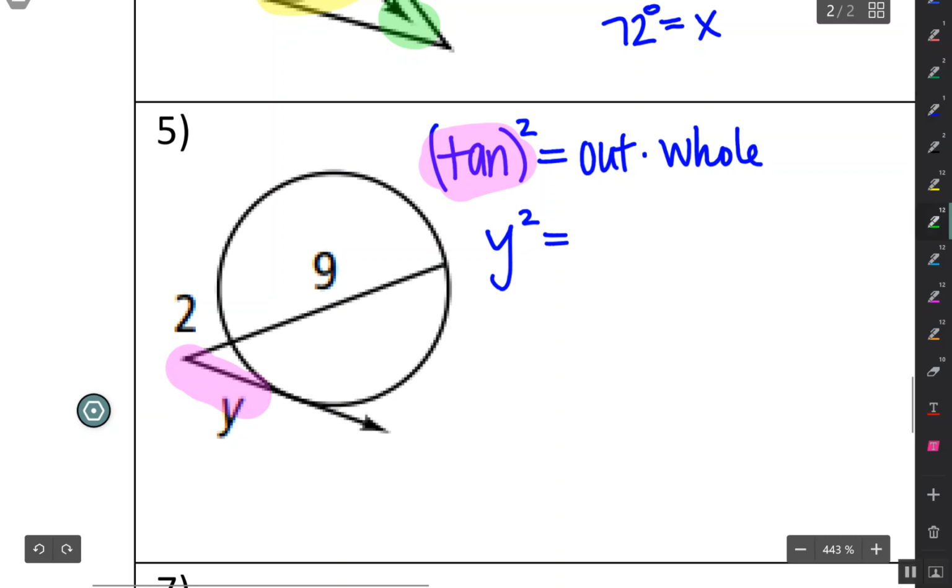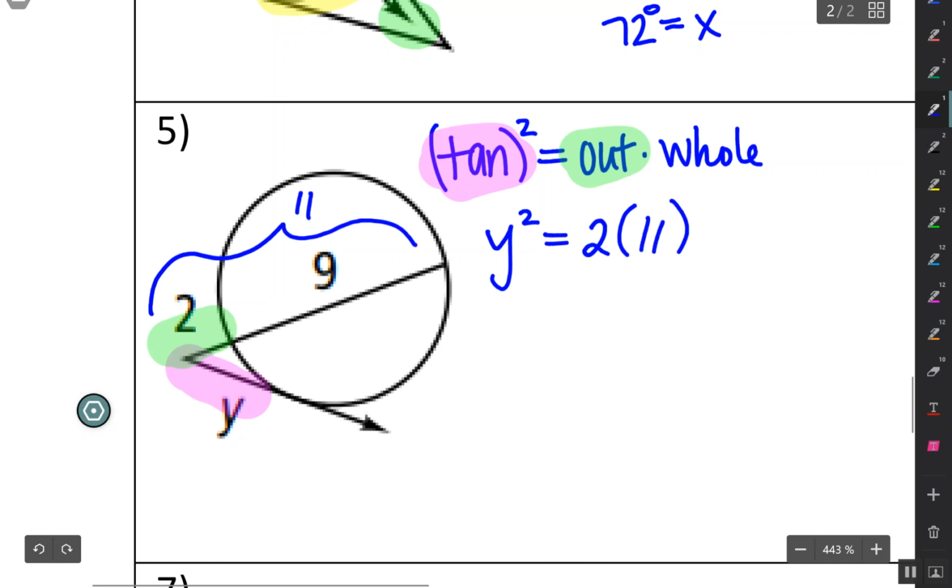Our outside is 2. And our whole is 11. Make sure you're adding to get the whole, not multiplying. Use the segment addition postulate. Okay, so there's our whole.